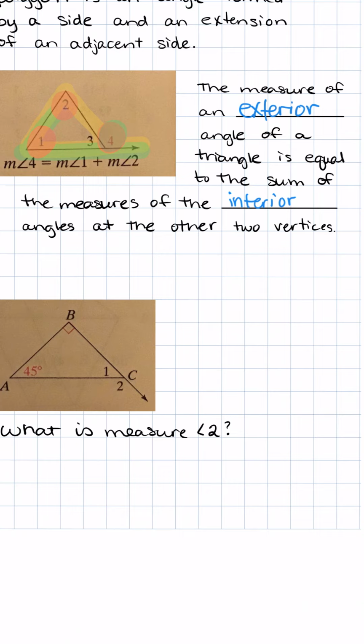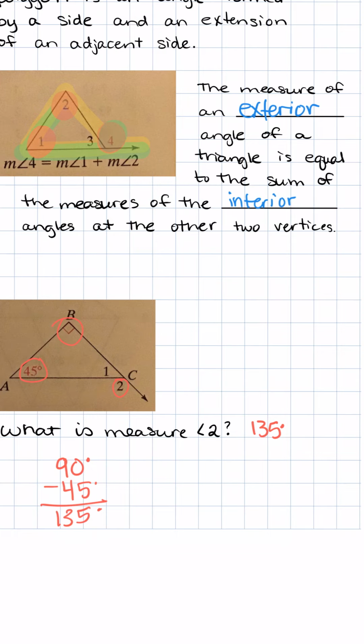So, looking at this one down here, what is the measure of angle 2? Okay, so we can add these two together and it's going to equal the angle measure of number 2. So this one equals 90 degrees plus 45, 135. That is the angle measure of 2.